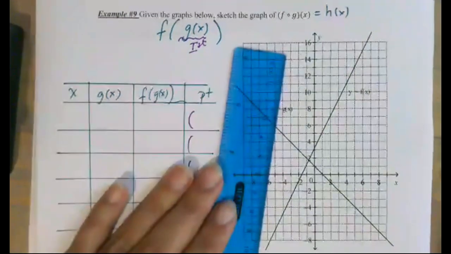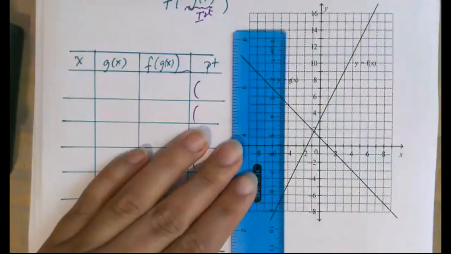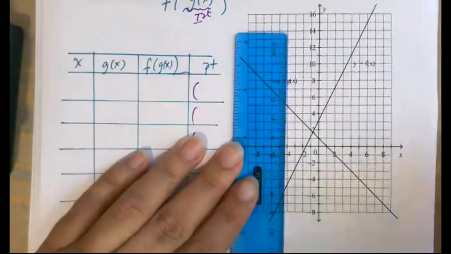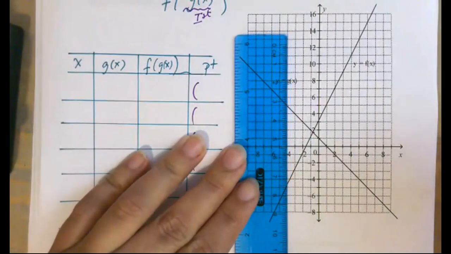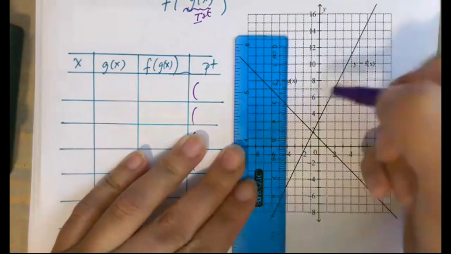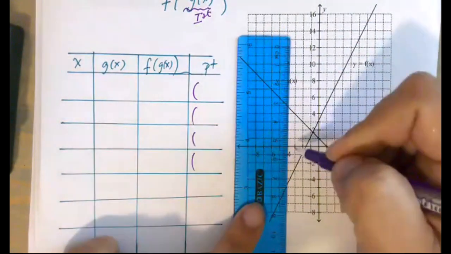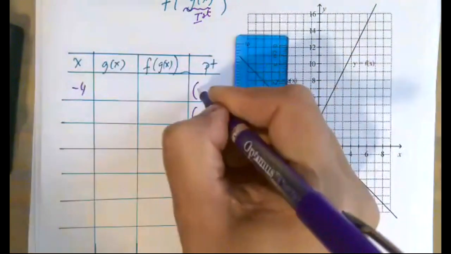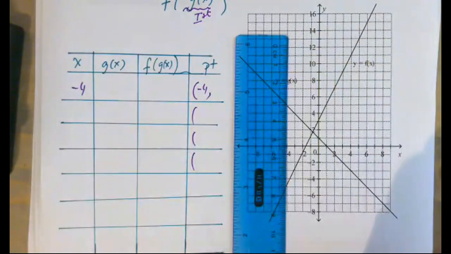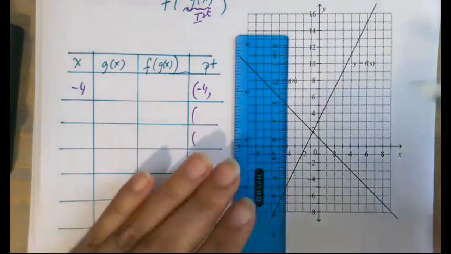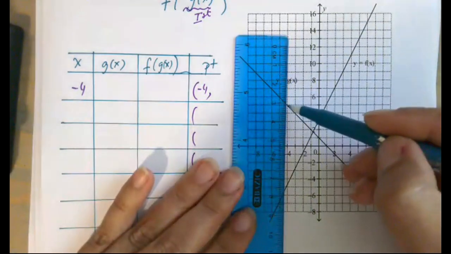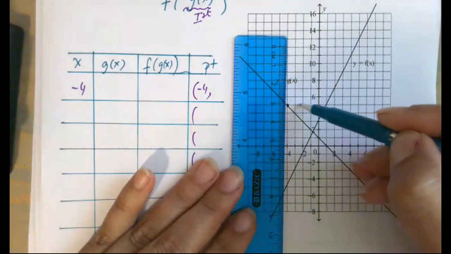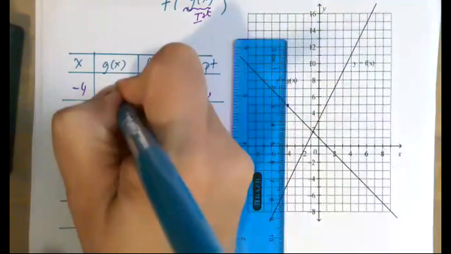So for example, I'm going to do the first couple of them by myself. The same graphs I'm using, because I don't have that many graphs to show work. So you'll have them, most of them, in your practice questions. So -4, I'm choosing. So if I choose -4 here, I'm going to have -4 here, my point. Okay. Now the difficulty is in the middle. For the g of x, it's not hard because it's a point that I'm reading with the y at 5. So I'm putting 5.